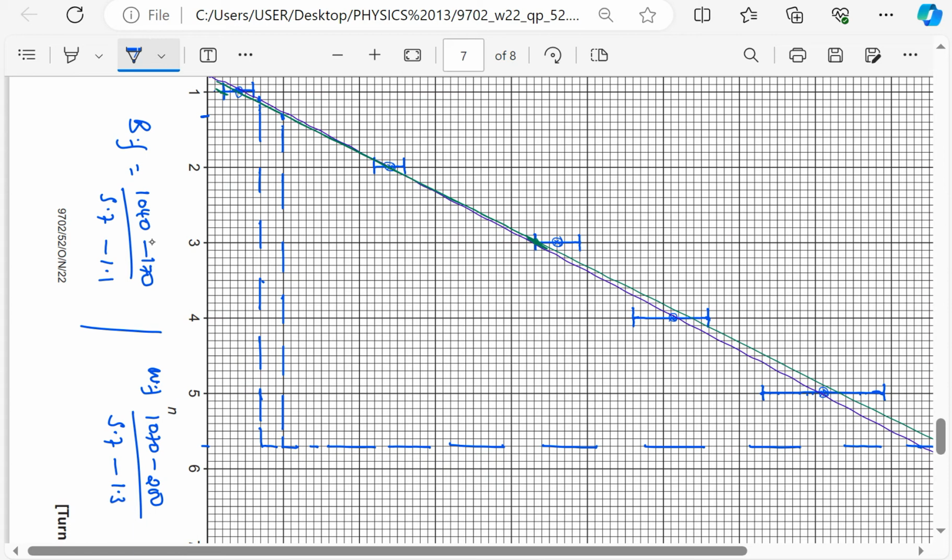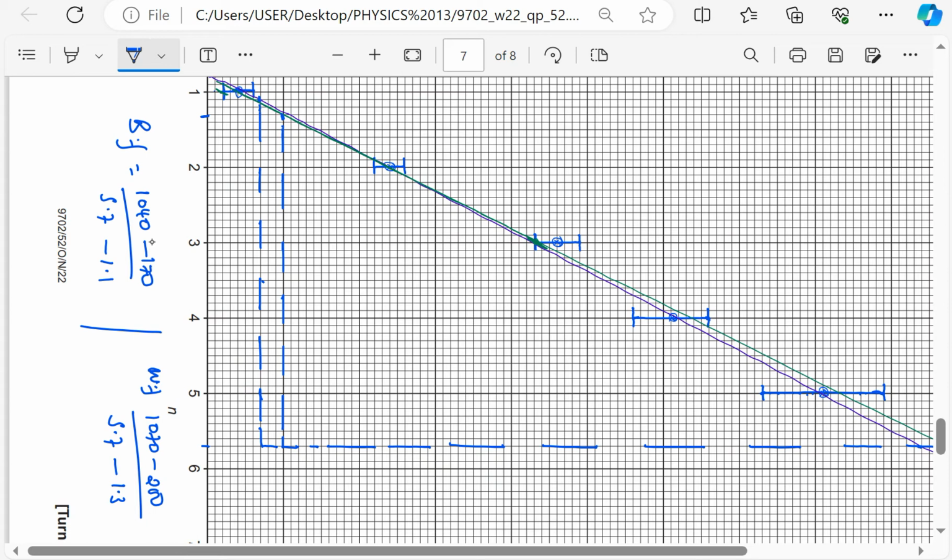That is 1.3. Okay, so I'm just going to write this on paper so that I just transfer them very fast. So we have 10, 40, 170, 5.7, 1.1, 10, 70, 200, and 5.7, 1.3.